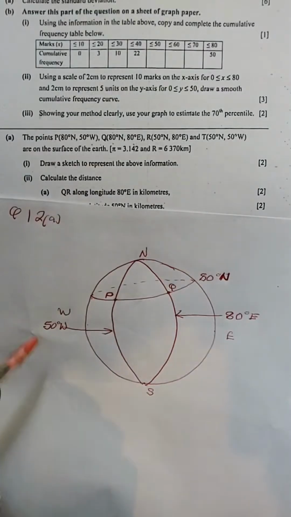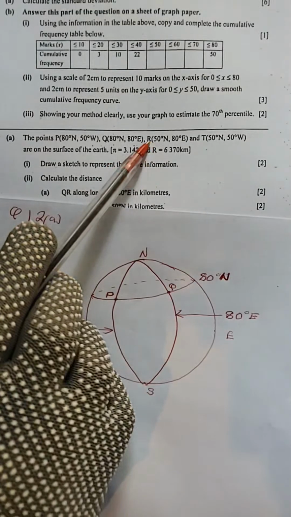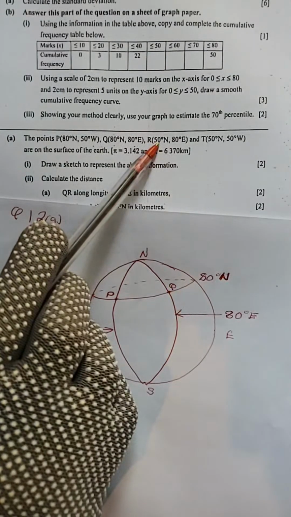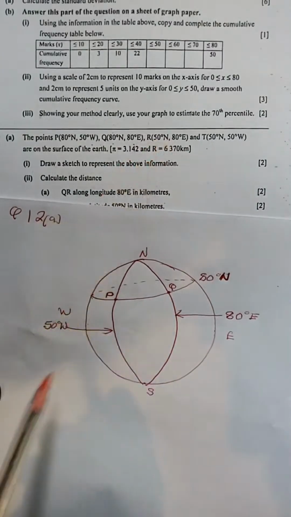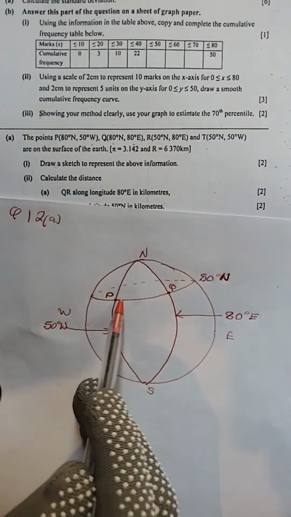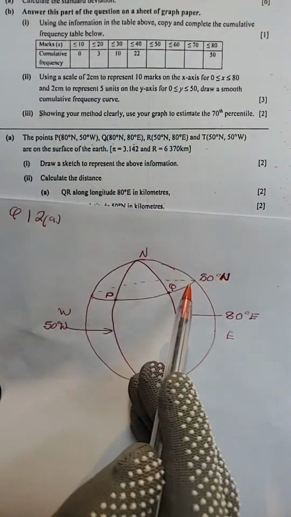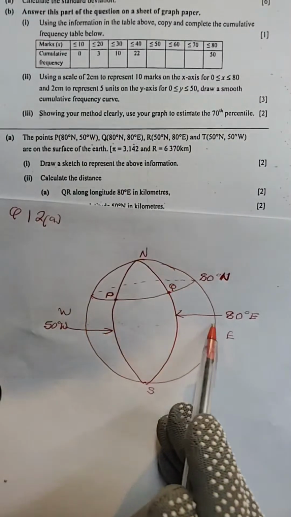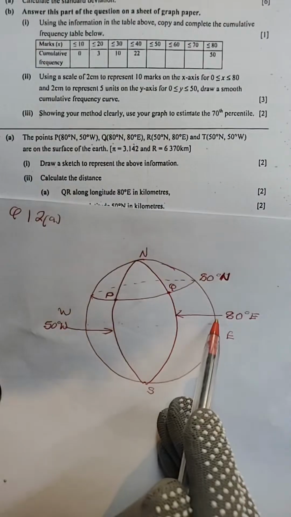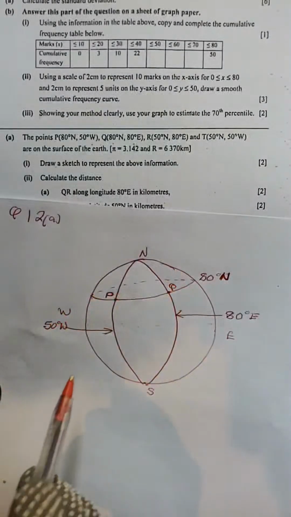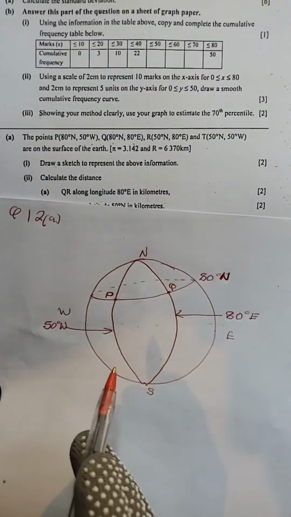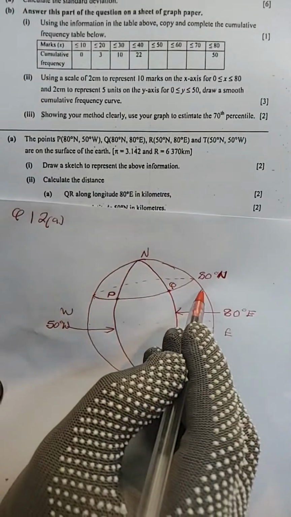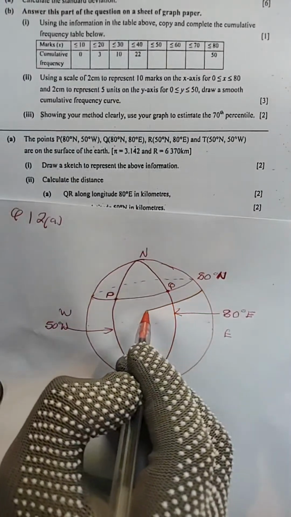Then the next point is R, 50 degrees north. So we have 80 degrees here. Now where is 50 degrees? Is it above or below? Remember, here we have the equator in the middle, 0 degrees. And as you go up, the degrees of latitude increase. So 50 degrees should be below the 80 degrees.